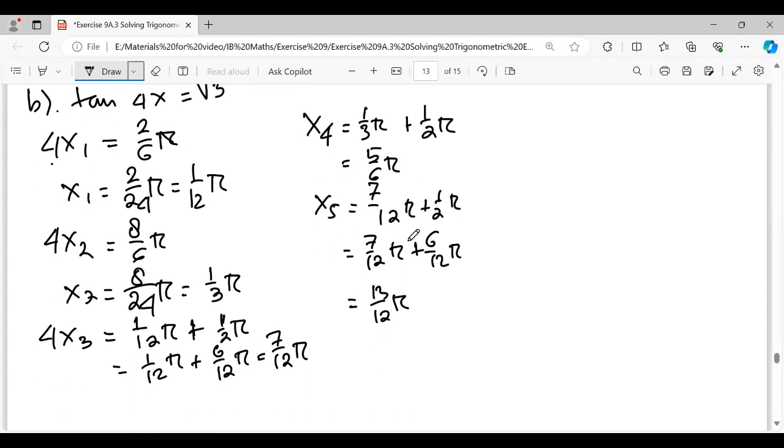X6, 5 over 6 pi plus half pi, 8 over 6 pi.